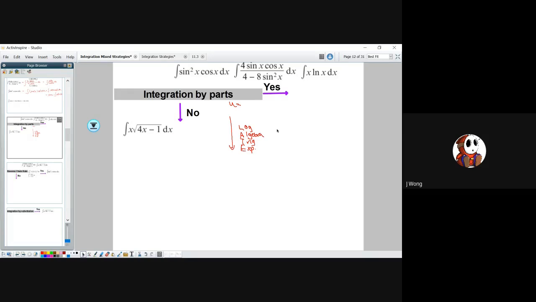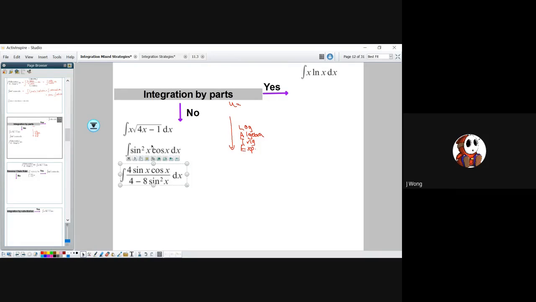So you could say no. For the second one, they're both trigonometry. For the third one, again, they're all trigonometry. Whereas for the final one, x is algebra and ln x is logarithm. So yes, there are 2 different classes of functions, and I could use integration by parts for this.